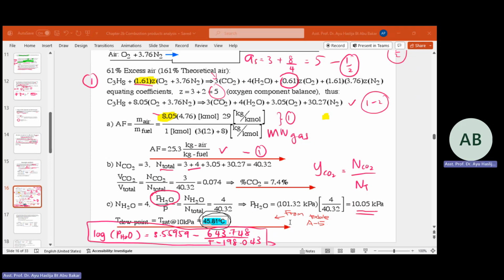Table A5, 10. 10 point, we take as 10 lah. Okay, so T set, here you can see 45.81. Refer to table A5, pressure yang kita dapat tadi adalah 10. Then at 10 you dapat the T set is 45.81.